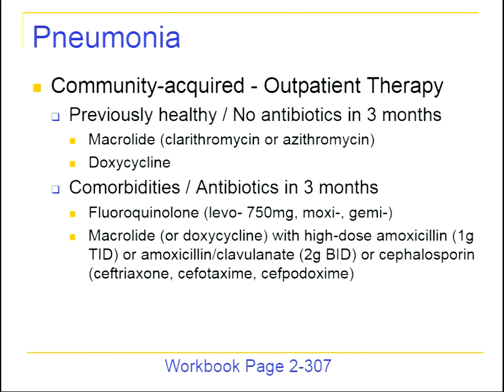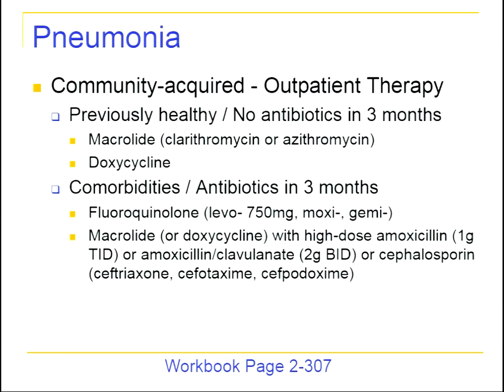So if the patient is healthy and has not had antibiotics in the past 3 months, this is the simplest patient, treated as an outpatient, then you treat them with either a macrolide alone or doxycycline alone. If they do have comorbidities or they've had antibiotics in the past 3 months, then you treat them with a respiratory fluoroquinolone, and you notice there ciprofloxacin is not one of those listed.